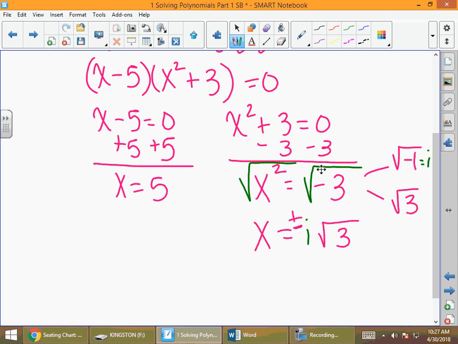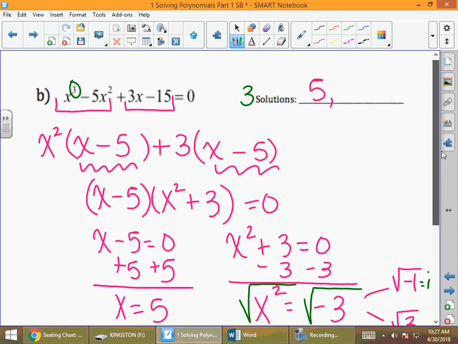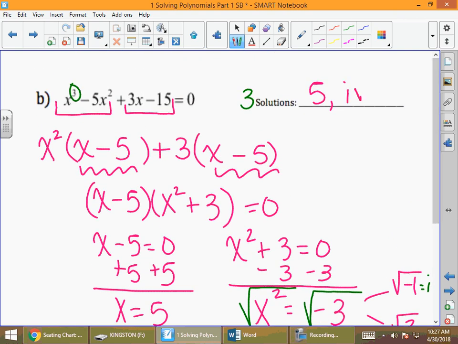I am fine with you writing plus or minus i radical 3. But when I come up here, I'm going to write it as i radical 3 and negative i radical 3. For people who are very literal, and that means I said 3 answers, well, show me all 3 of them. 5 is an answer, i radical 3 is an answer, negative i radical 3 is an answer.